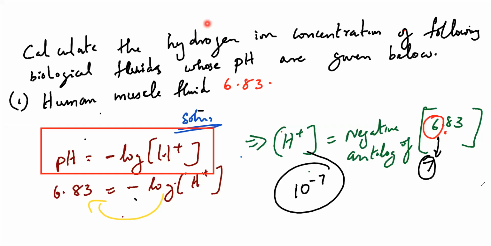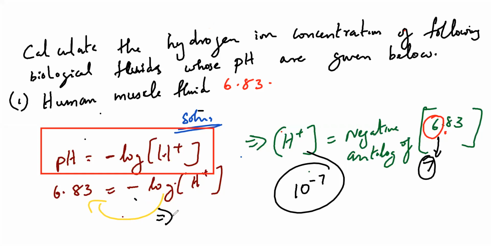So I'll tell you a shortcut in this. Here I'm getting 6.83 is equal to minus log of H plus. We know this is clearly a negative antilog, so for you not to go wrong, in negative antilog there is only one step which is different.